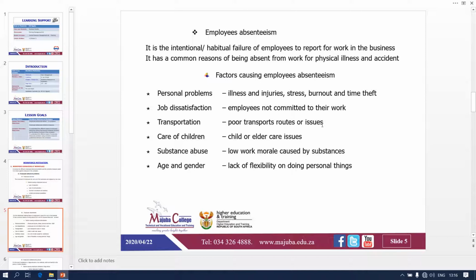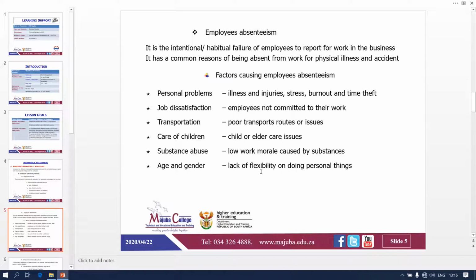Care of children: child or elder care issues. You are the person taking care of your siblings, or your mother, your father's children. Substance abuse: low work morale caused by substances. We are going to touch this one as well. It causes absenteeism, and it's a problem itself.